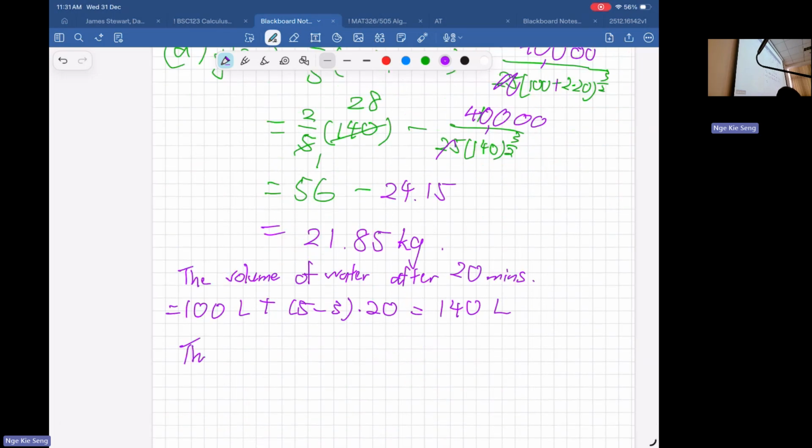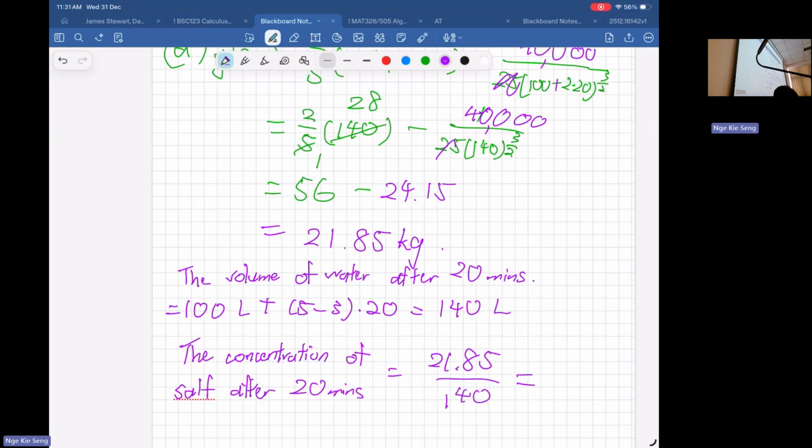So the concentration of salt after 20 minutes equals 21.85 over 140. So what is it?